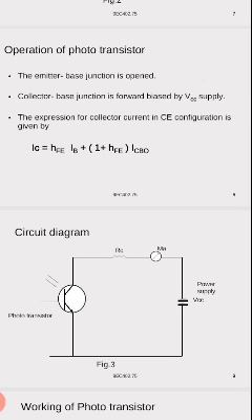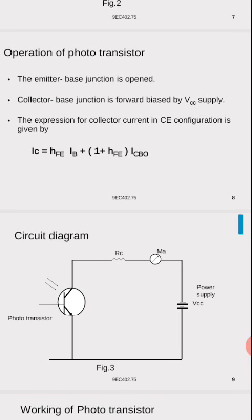This is the circuit diagram shown. In this circuit diagram, there is a phototransistor and there is a resistor RC, collector resistor.